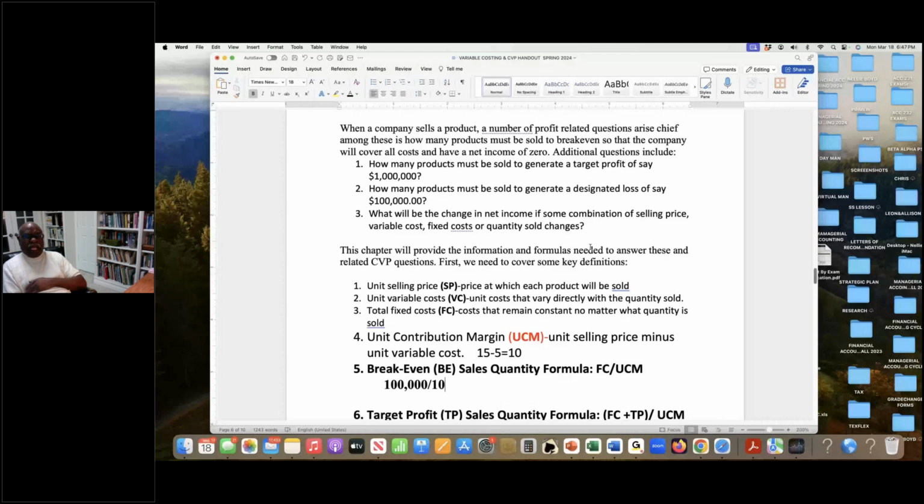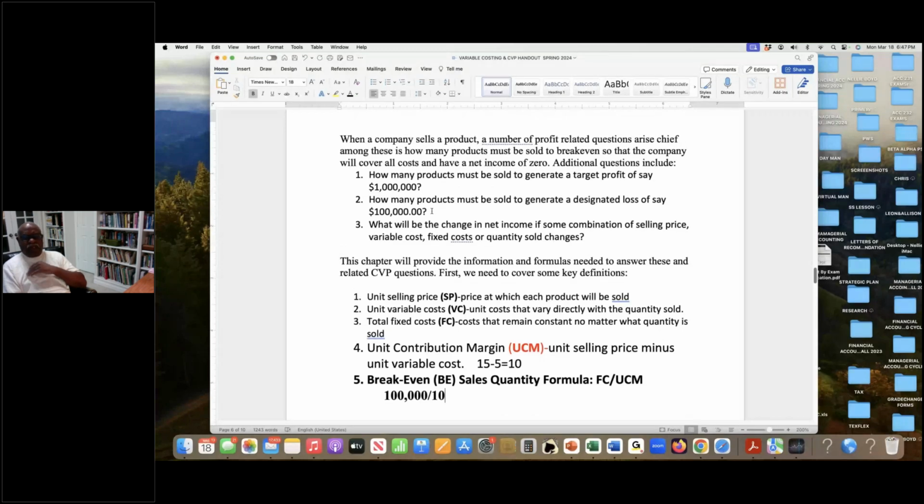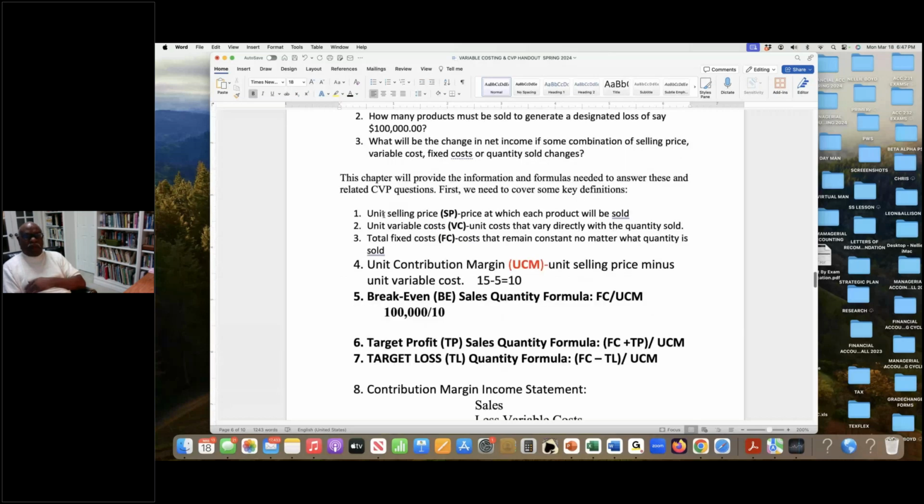There are certain things we have to be familiar with: the selling price and the variable costs, which we said were 15 and 5. The total fixed cost will always be given to you. And then you have to calculate the unit contribution margin all the time.